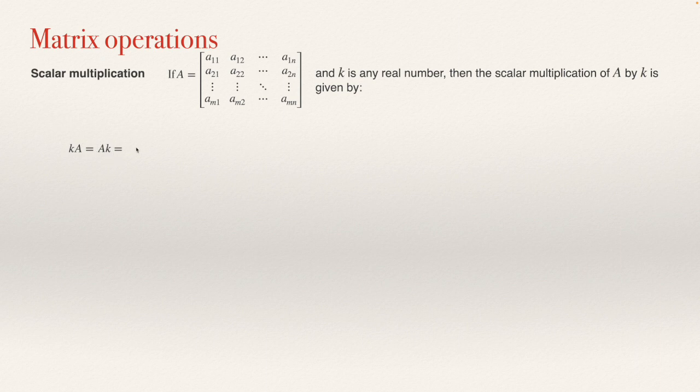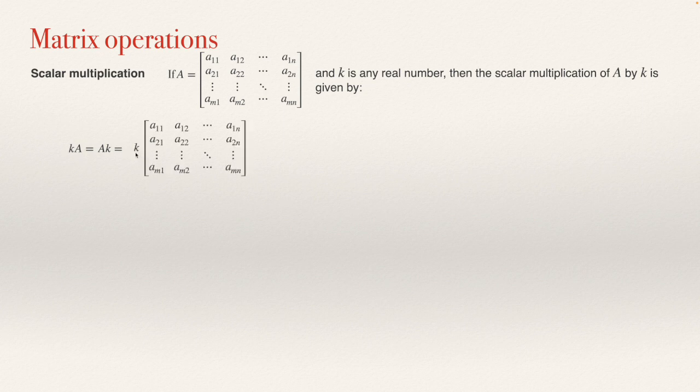That will be equal to the same matrix, multiplying every entry of the matrix by the number k. So if you multiply a scalar, a number, by a matrix, multiply every entry of the matrix by this scalar. So the answer will be another matrix.